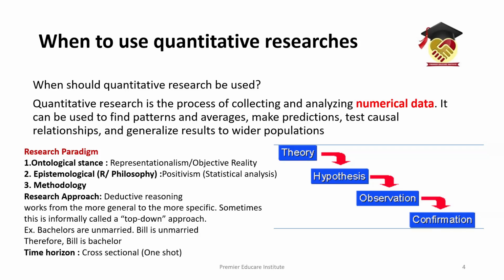If your research is quantitative, then your epistemological stance is positivism. Positivism means you are going to collect the data as a scientist, by the scientific method, using statistical techniques. Again, don't worry about that. If you're doing quantitative research, this is the process.